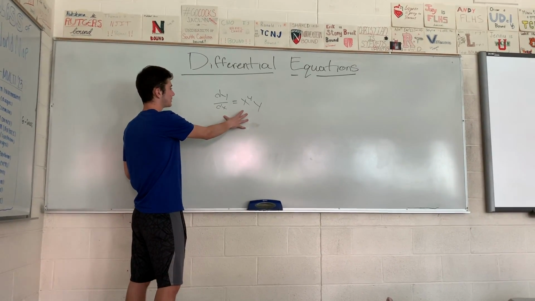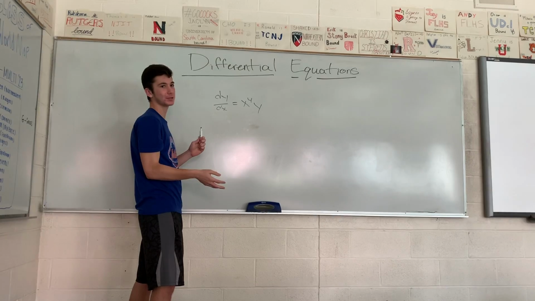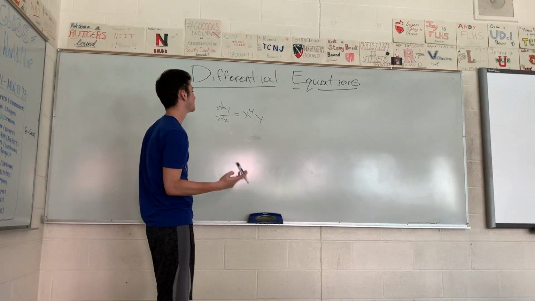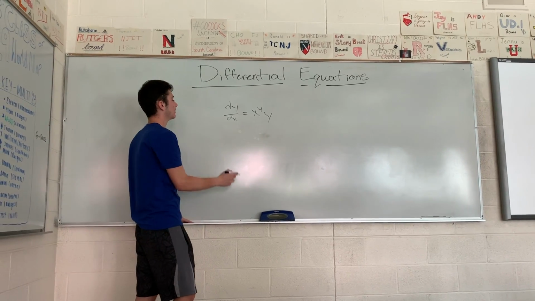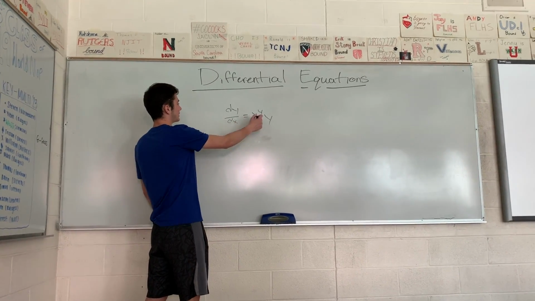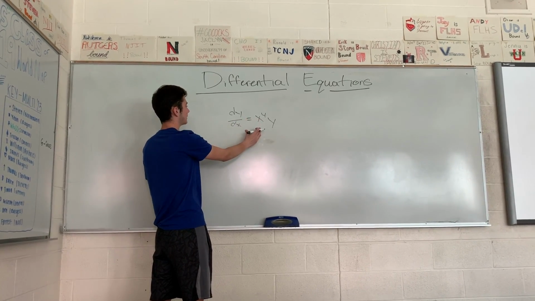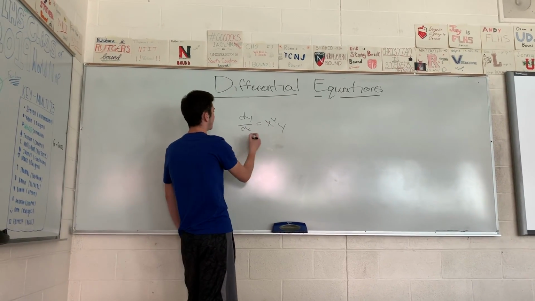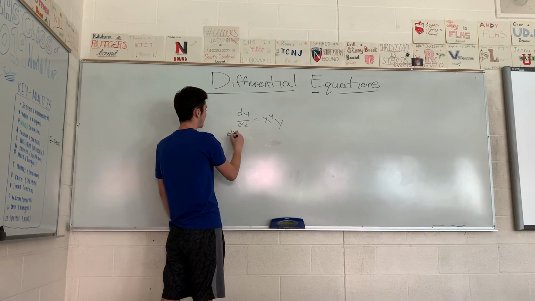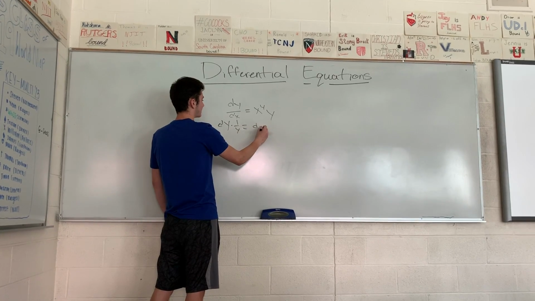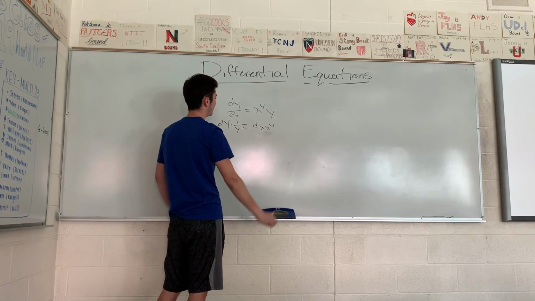And what we're gonna do to this is we're gonna basically be working backwards to find what the original function was. So the first step to do this is you're gonna separate. So you see how there's x's and y's? What you wanna do is get them both, like the y's together and the x's together. So you're gonna do dy times 1 over y equals dx x to the fourth.